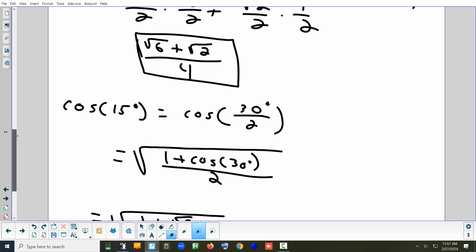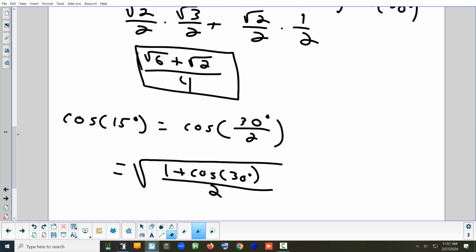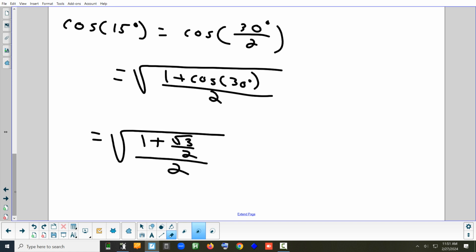Well, that's kind of a mess. Let's simplify that. You're dividing each one of these by 2. What's 1 divided by 2? Okay, so we got 1/2. What's square root 3 over 2 divided by 2? Square root 3 over 4. Okay.